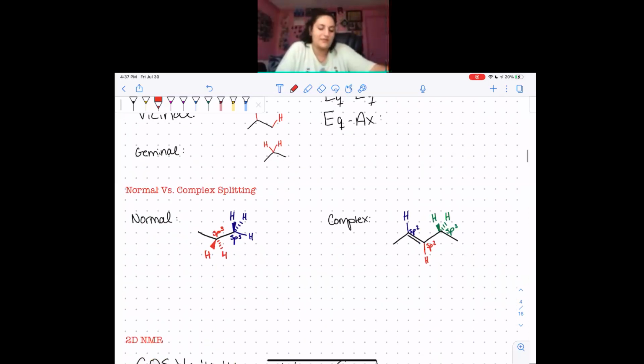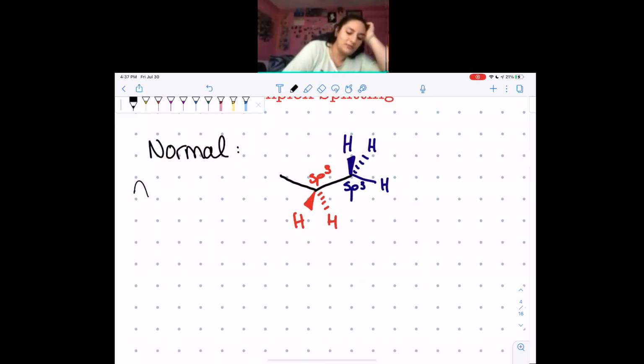I do want to spend a little bit of time on normal splitting versus complex splitting. If you remember, normal splitting follows the n+1 rule, and we know n is the number of neighbors. So let's say we're counting for this guy. The way I have drawn it, it has symmetry, so I'm just going to add an extra carbon here.